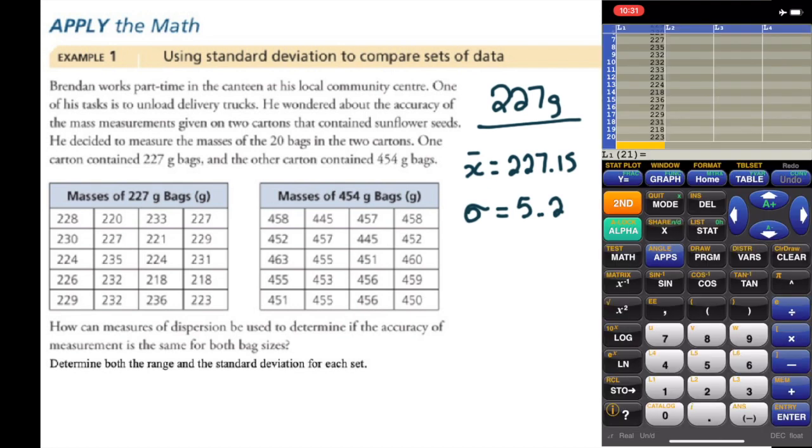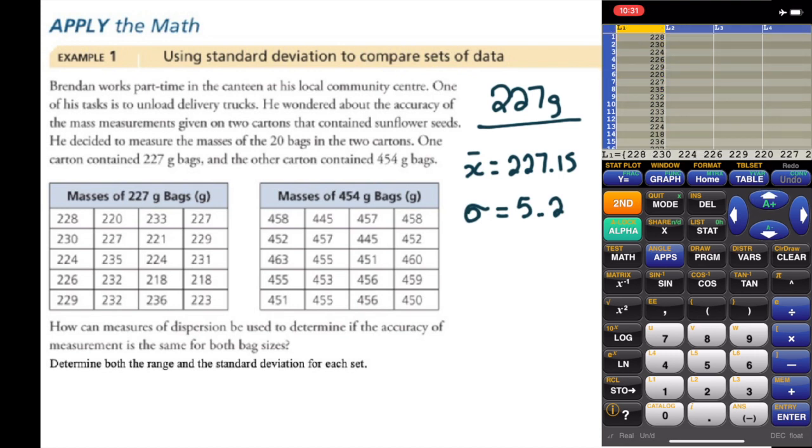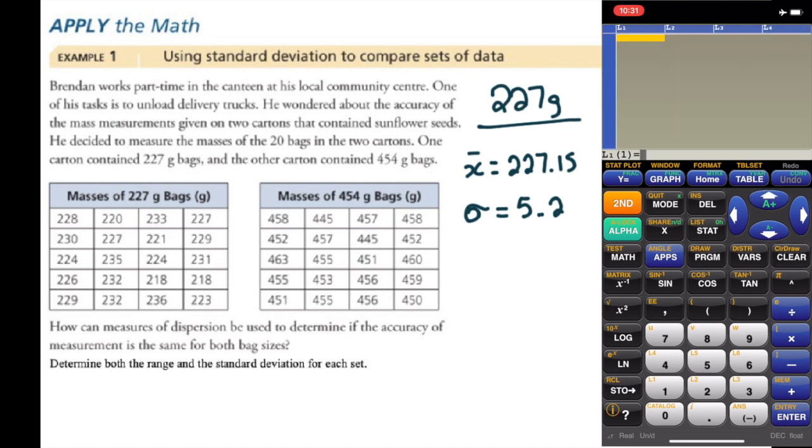Stat, edit, go all the way up to clear out this data from before. Enter the 454 gram bags. Now, as I'm entering the data, we would assume that the mean would be around 454.